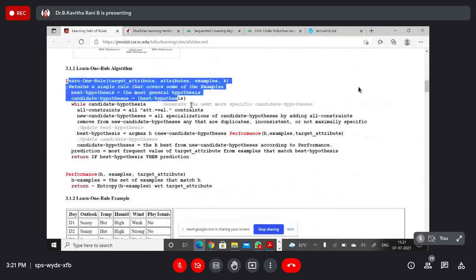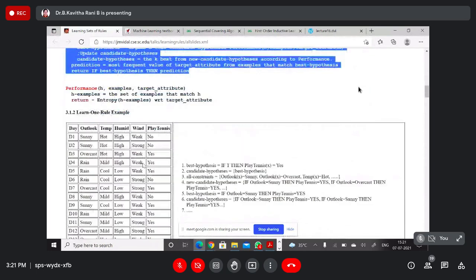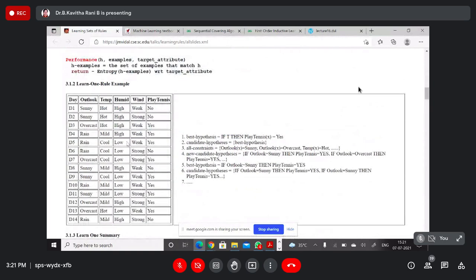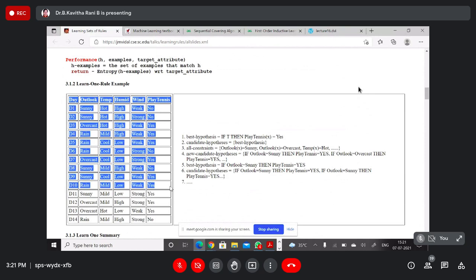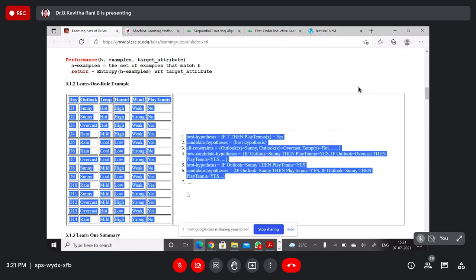So the learn one rule algorithm is this, just by heart. And here one example is given. This is the data set which we have taken: day, outlook, temperature, humidity, wind, play tennis. Now we are generating the rules for this. For getting the best hypothesis, if true then play tennis of x is equal to yes, then the candidate hypothesis will be the best hypothesis.